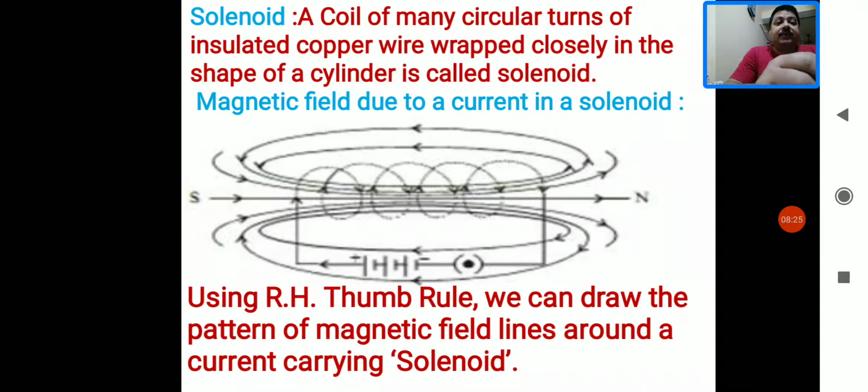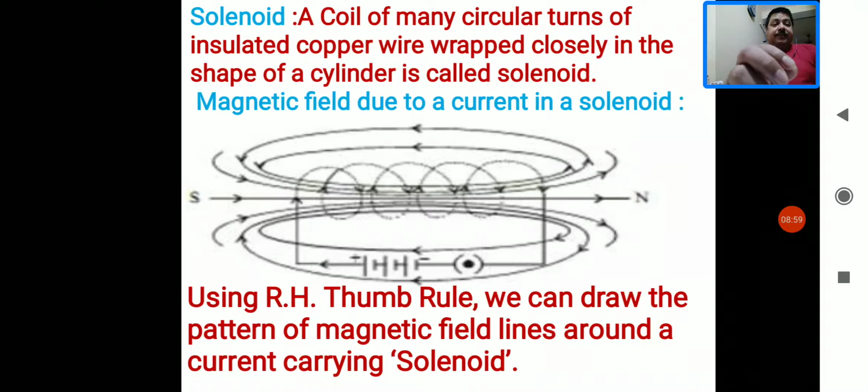Number one is the amount of current: B is proportional to I. And second, B is directly proportional to the number of turns per unit length, which we take as small n. So B is proportional to small n.